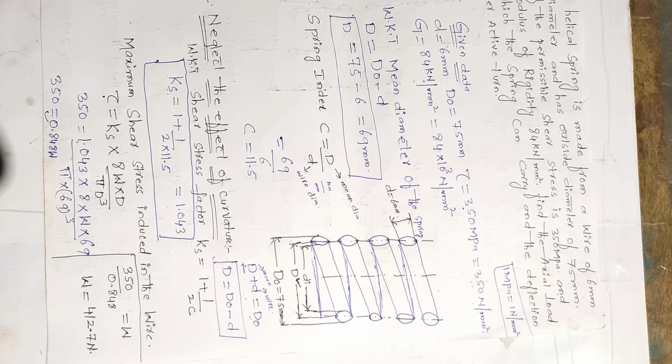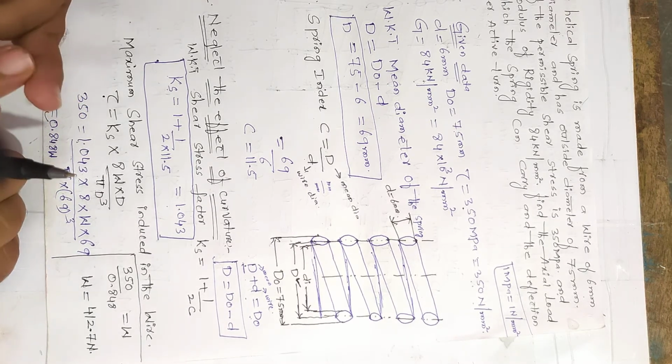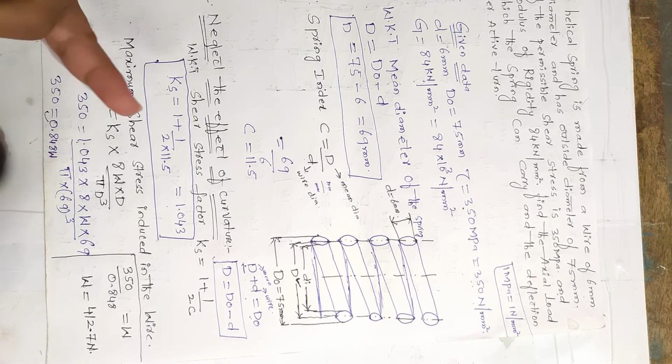412.7 Newton. Again, what do we need to find out? We need to find out the deflection of the spring. Okay dear? So we know the deflection of the spring formula.